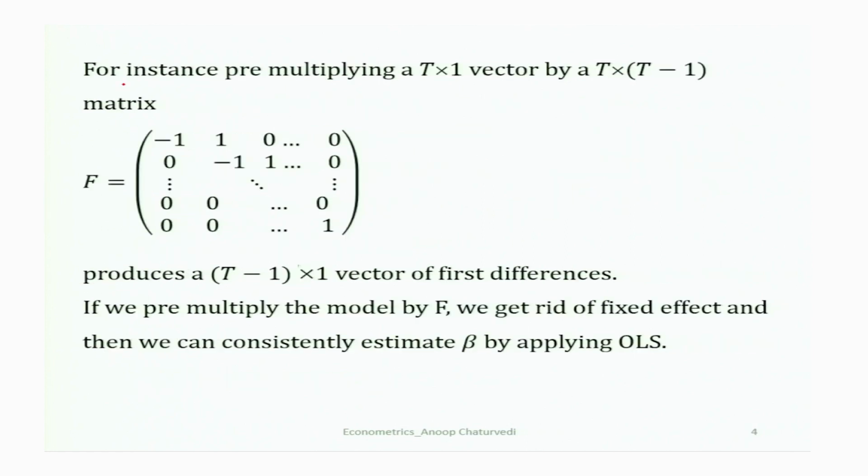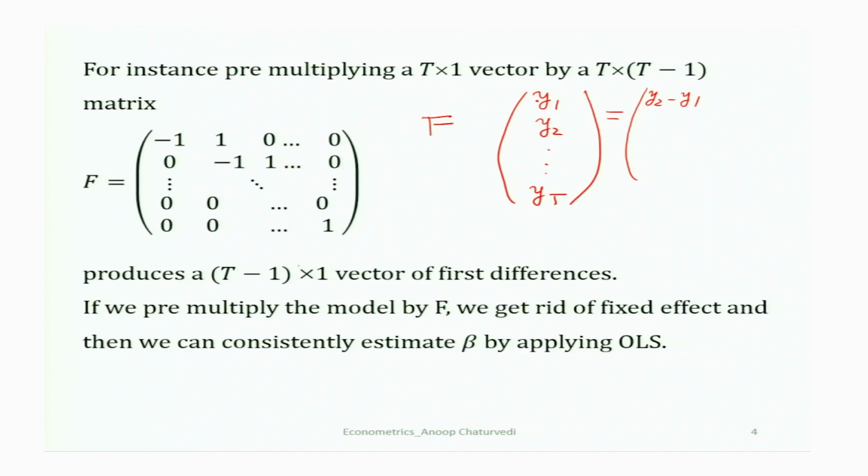Now, we consider another transformation. Suppose we pre-multiply a T cross 1 vector by a T minus 1 cross T matrix F. Suppose you have any vector y with elements y_1, y_2, up to y_T, and we pre-multiply this vector by matrix F. Then what do we get? We get y_2 minus y_1. You have minus 1 here.